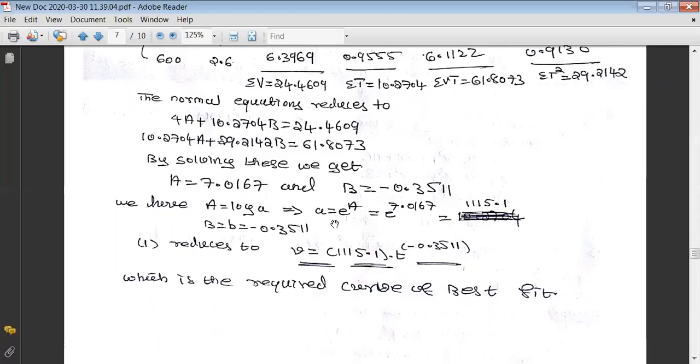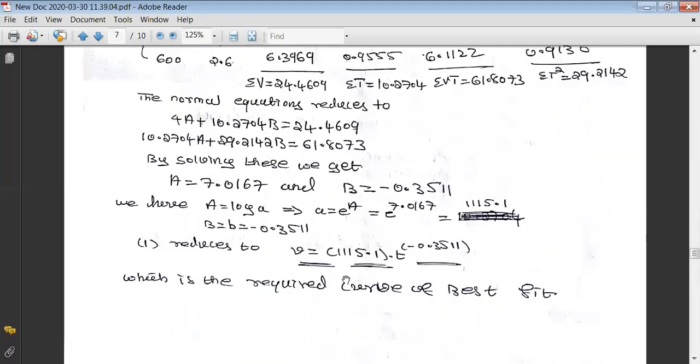Accordingly, we can write small a equals e raised to capital A, and capital B equals small b. By substituting these values of small a and small b in equation 1, we get v equal to 1115.1 into t raised to minus 0.3511 as the required curve of best fit.